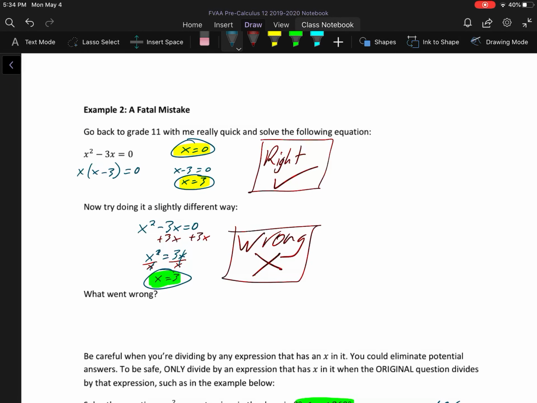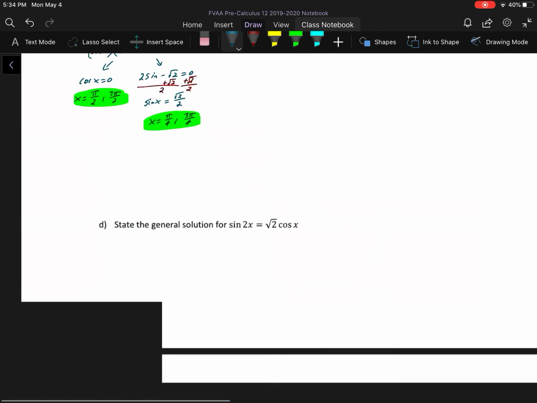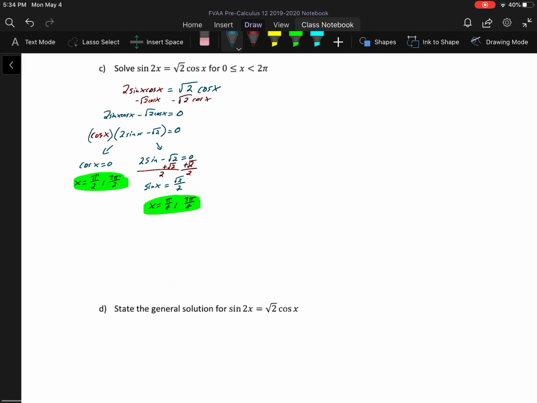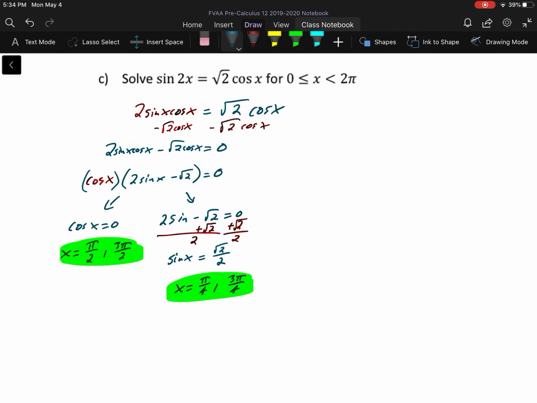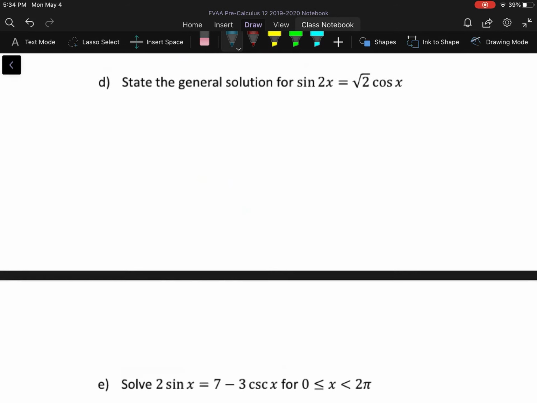You actually got rid of half of your solutions by doing that. So it's important that you don't do that. You subtract square root 2 cos x on both sides, make it all equal to 0, and then work from there. No non-permissible values. We're done.